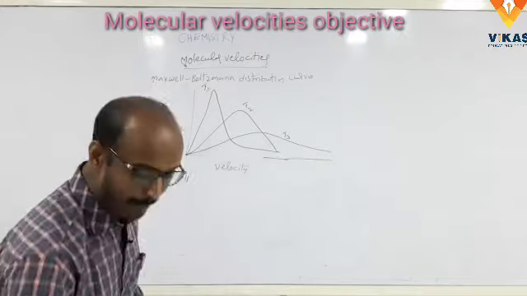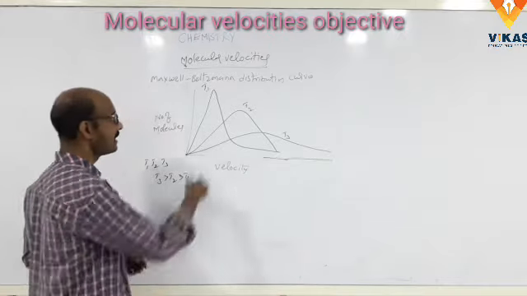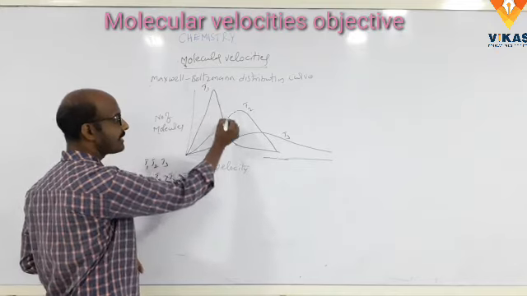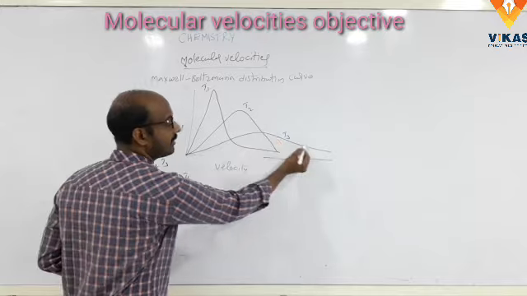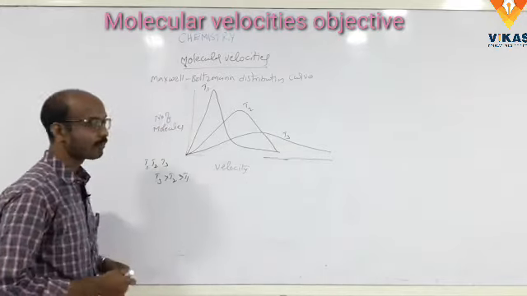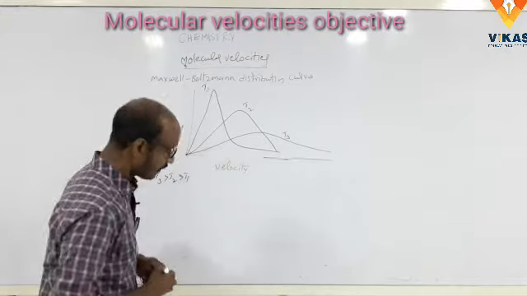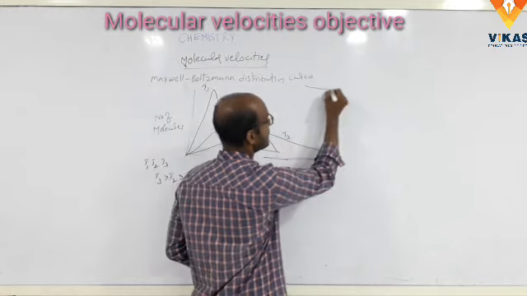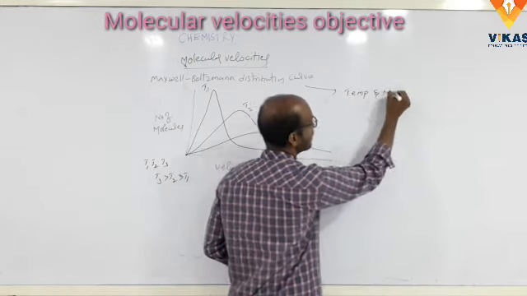As the temperature increases, the maximum of the graph decreases, and finally it flattens and becomes broader. So the distribution of molecular velocities mainly depends upon the temperature and the molecular mass.